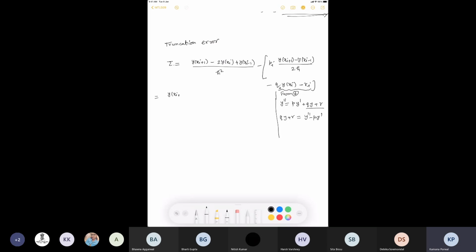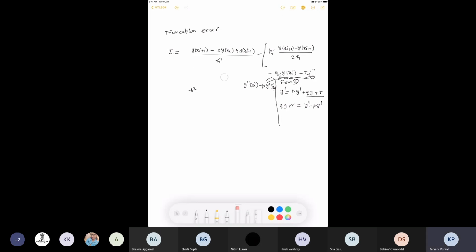So I can rewrite this as y at x_{i+1} minus 2y at x_i plus y at x_{i-1} divided by h squared.